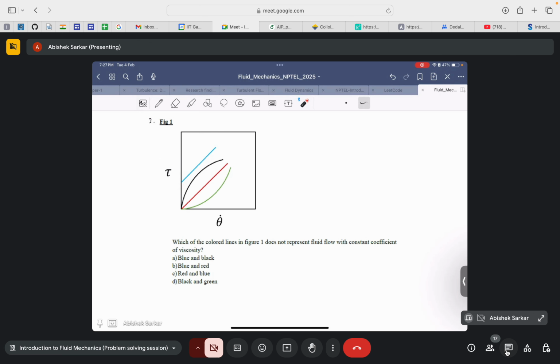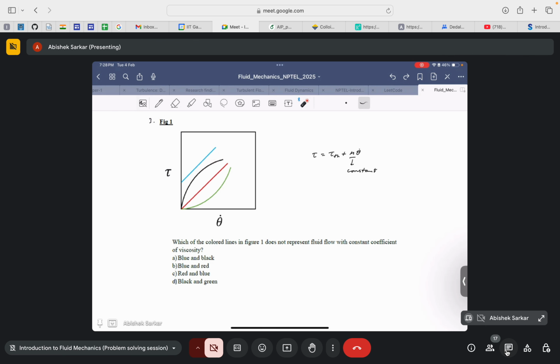But in the case of the dilatant fluid, and I forgot its name again, dilatant and pseudoplastic, if I'm not wrong. Let me check it once again. Dilatant and pseudoplastic, right? Yeah, dilatant and pseudoplastic kinds of fluids.